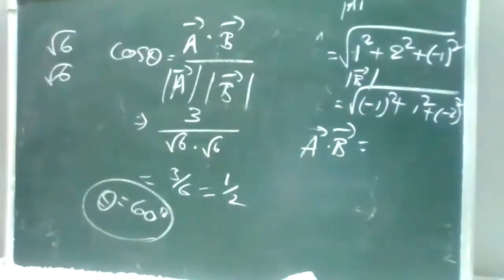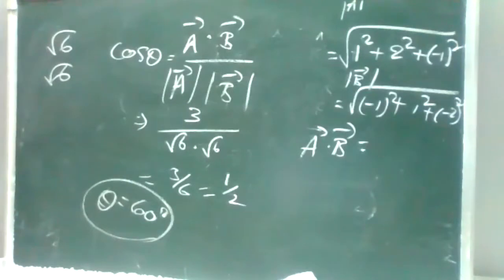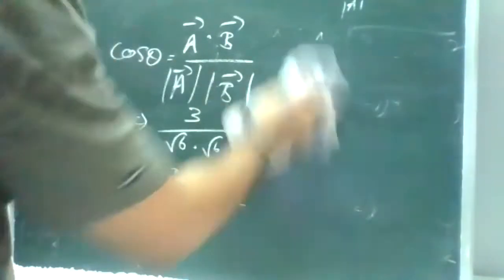Okay, I'll give one more. Try to find it. Any doubt on this one? No, sir. Next question. If the magnitude of two vectors are 3 and 4 and the scalar product is 6, then find the angle between the two vectors.